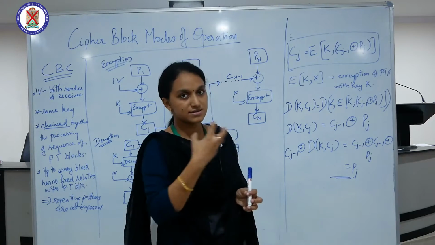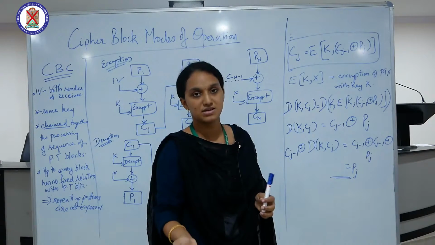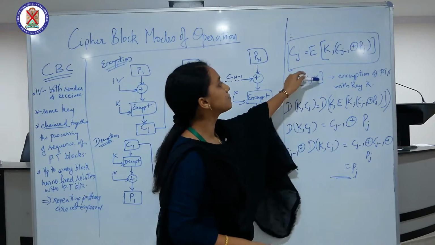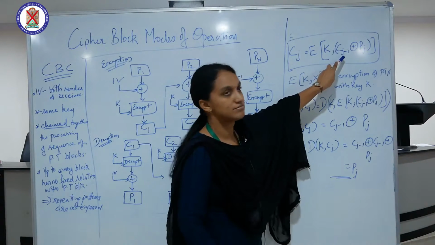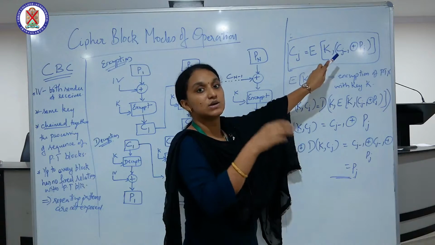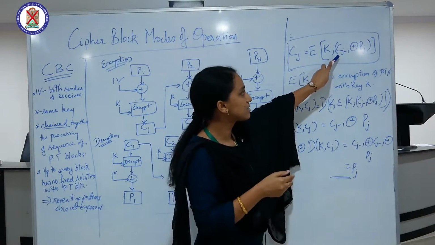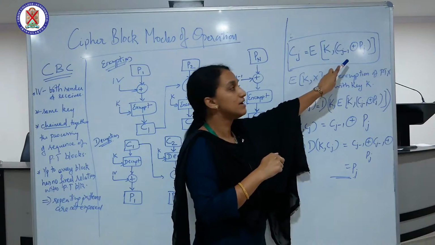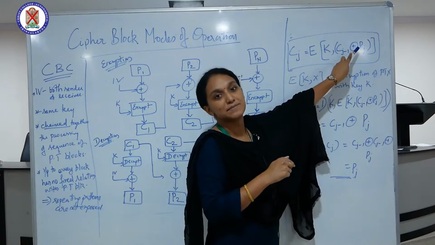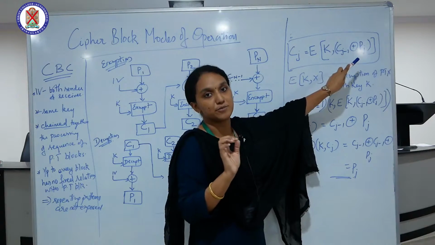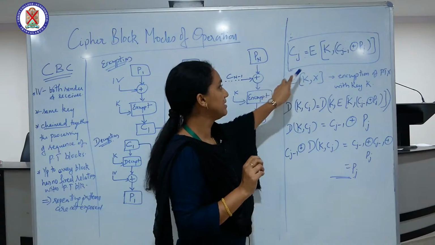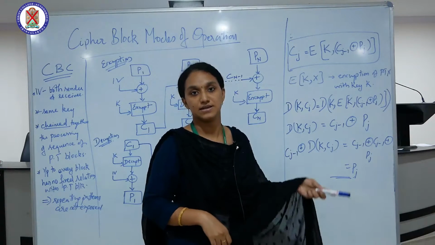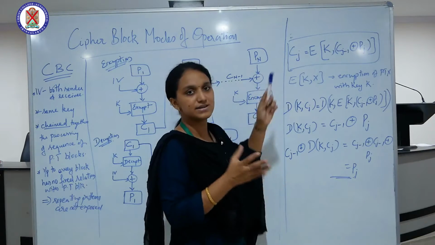The cipher is the output, so Cj is equal to the encryption function of key k and the other input. What is the other input? XOR, right? So that can be the preceding cipher XOR the current plain text. That is the input. Along with the key, using the encryption algorithm, you get the cipher unit Cj. Clear? So that is regarding encryption.